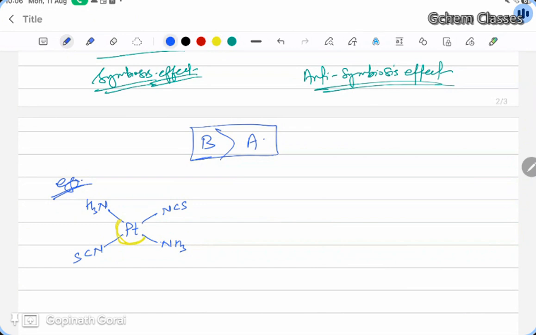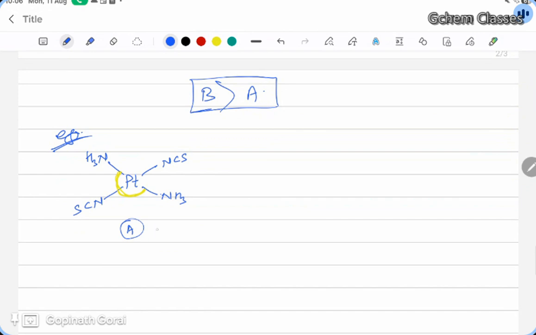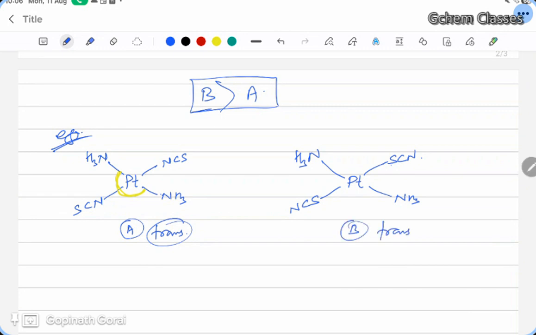So this is A, in trans form. Now option B, you have the ambidentate ligand, SCN, here also SCN, here NH3, here NH3. Now this is B, and this is also trans. Now what you have to find out here is A and B.